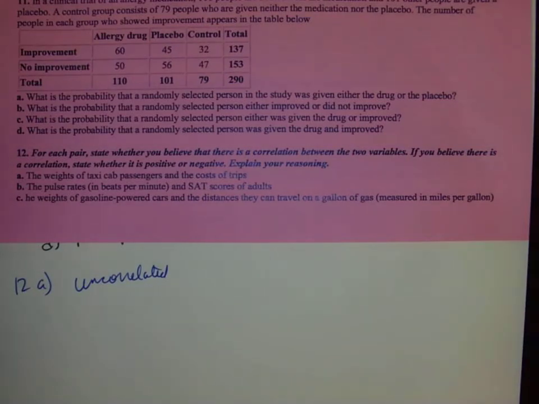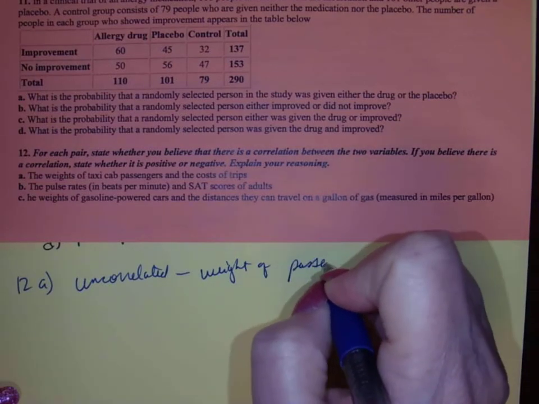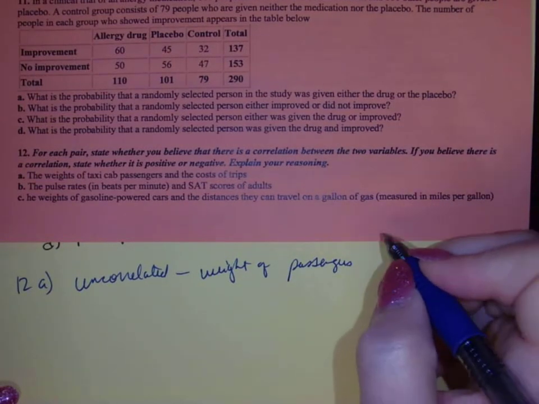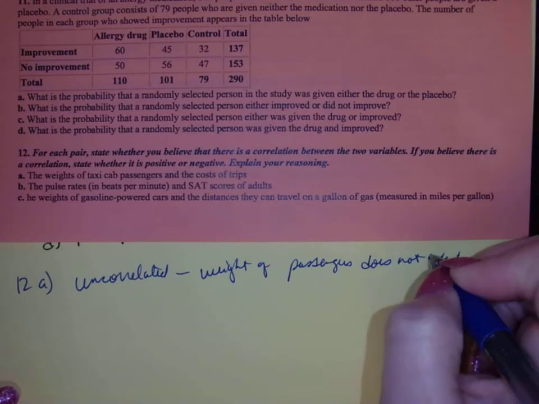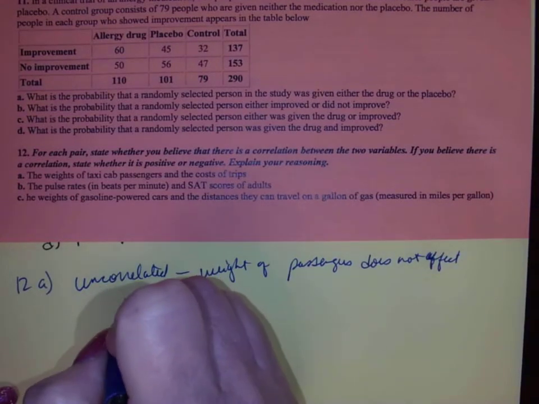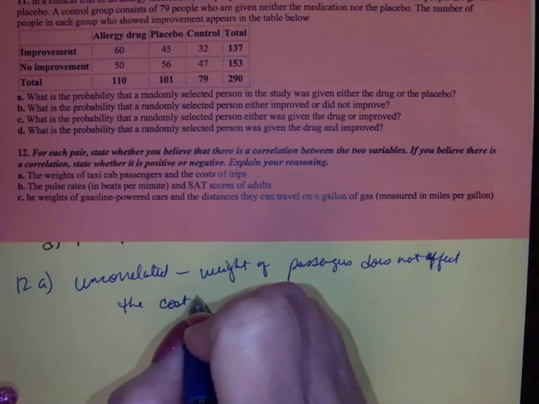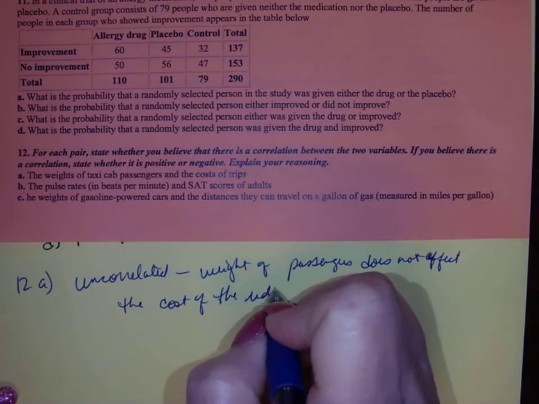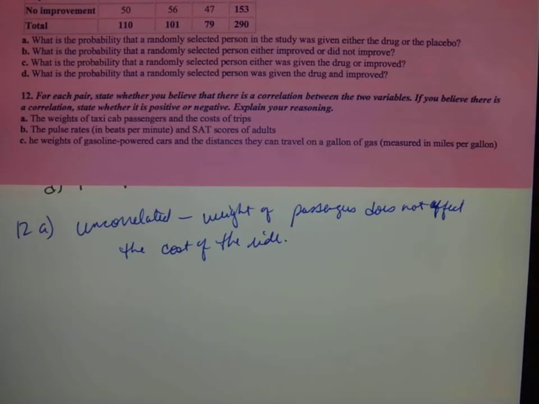And that's because the weight of the passengers does not affect the cost of the ride. Okay? They don't decide, oh, well, you're this size, so I'm going to charge less or I'm going to charge more. It's all the same.